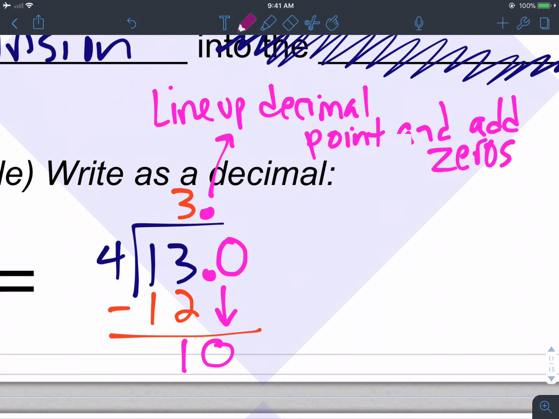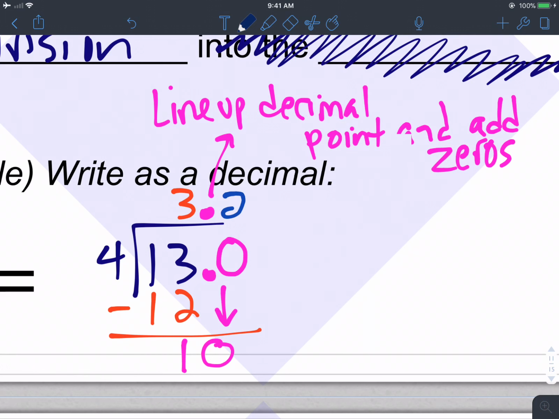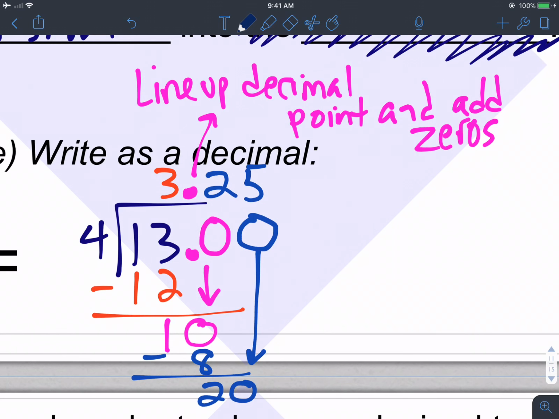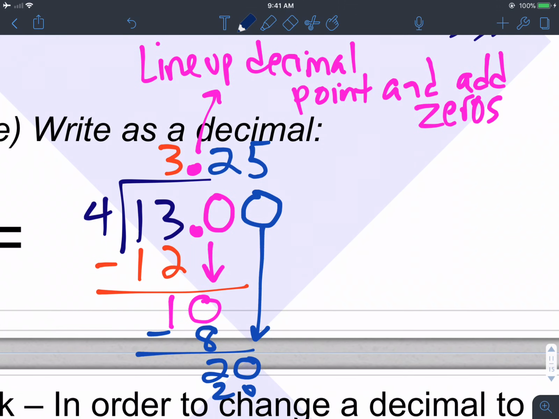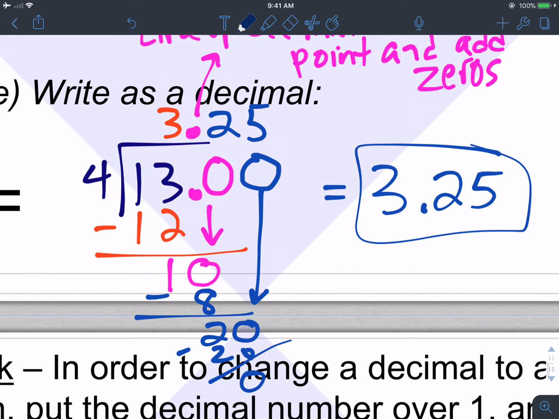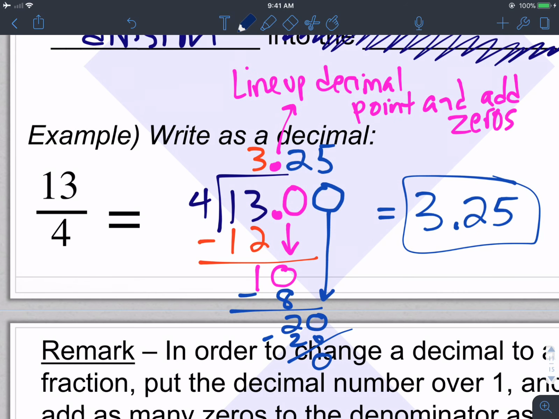So instead of the remainder being 1, now we're going to say how many times does 4 go into 10? 2 times. 4 times 2 is 8. I get another number left over, so let's add another 0. Bring that all the way down. And now how many times does 4 go into 20? 5 with 0 left over. That's how I know I'm done. So 3.25. There you go.